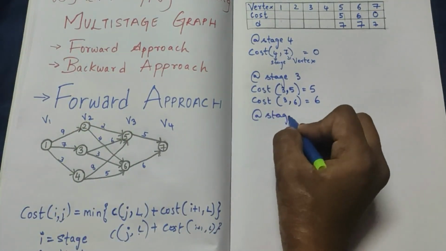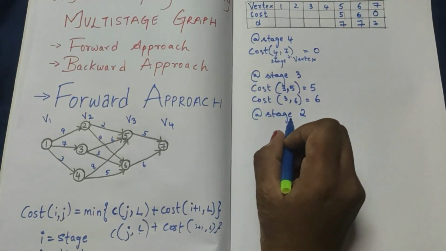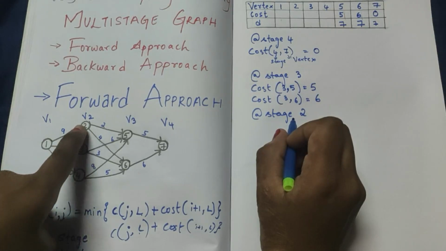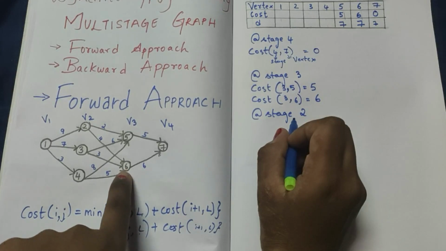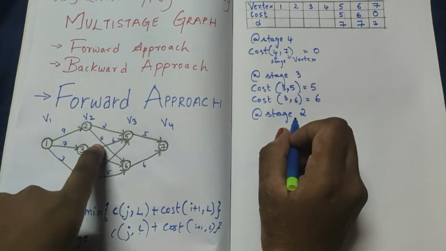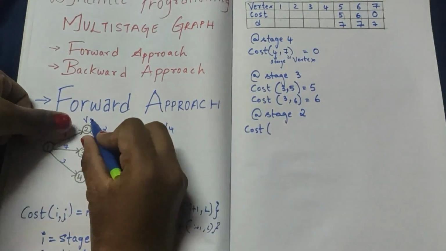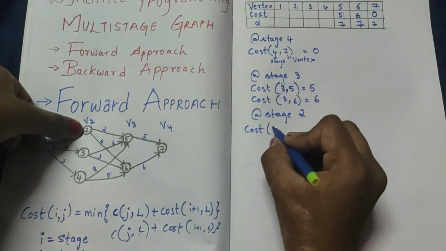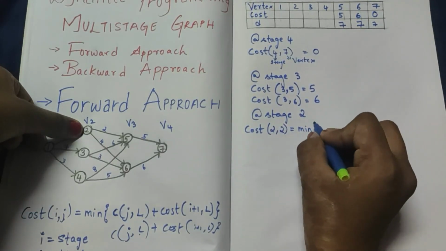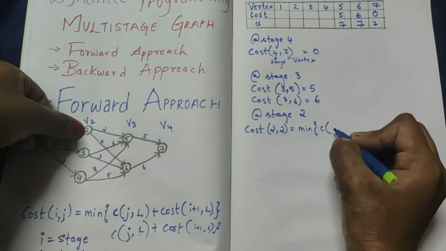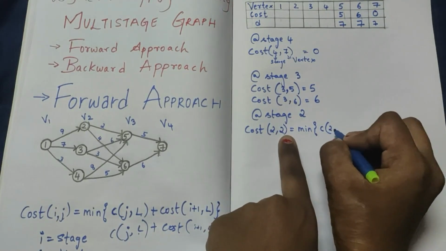So now in stage 2, if you see, from one vertex there are two arrows going to two different vertices. So I need to find out the minimum value between these two arrows. So cost of stage 2 vertex 2 is equal to the minimum of c, where you first write j is 2 comma l.